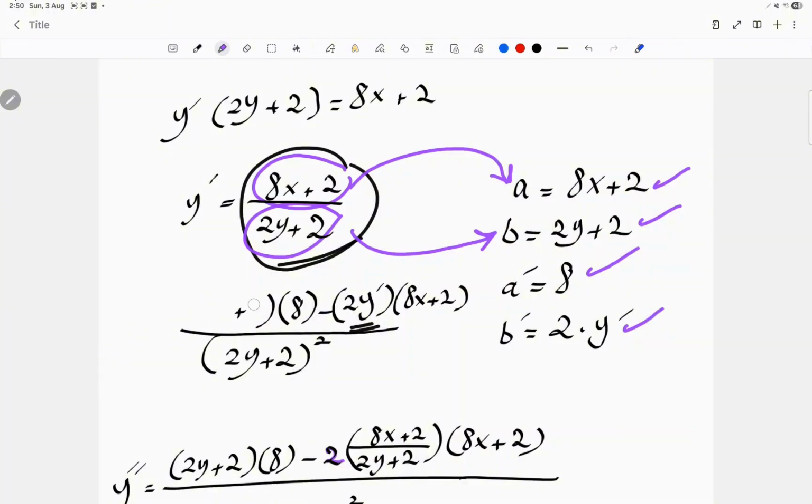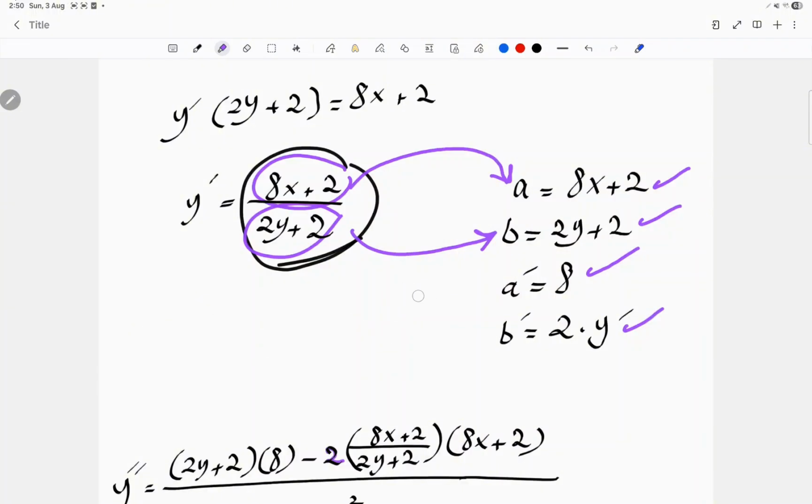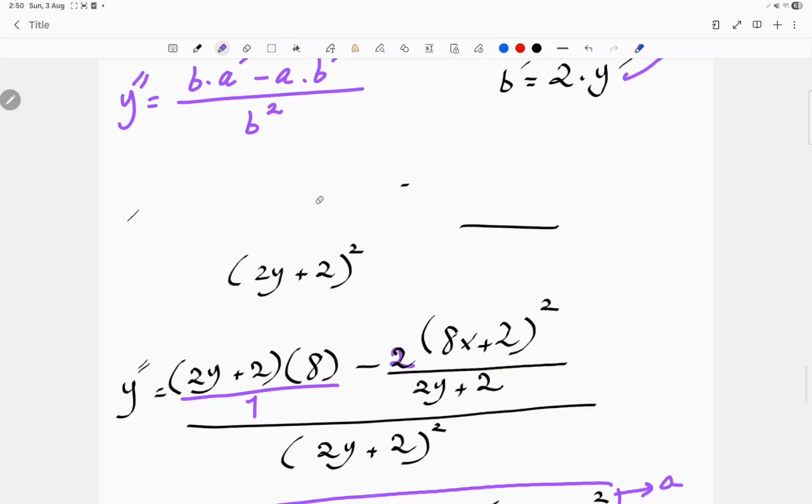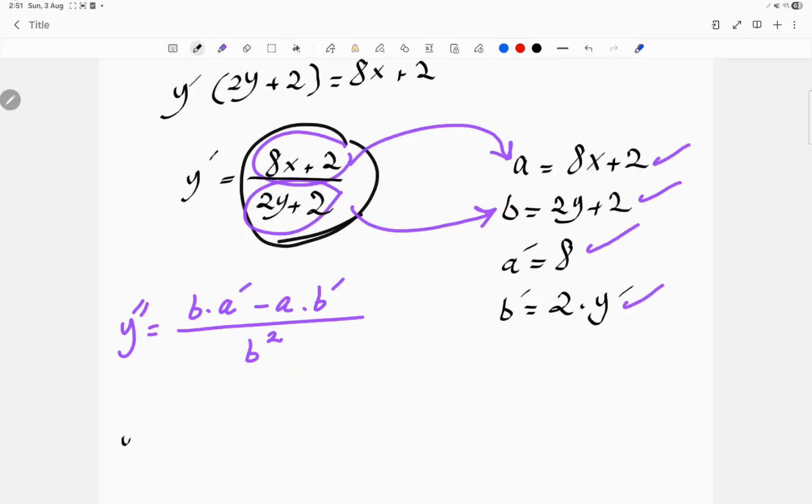Now, let's just talk about our quotient rule, which says b squared, b times a prime, minus a times b prime. So now we're going to say y double prime is equal to b squared. So 2y plus 2 squared.